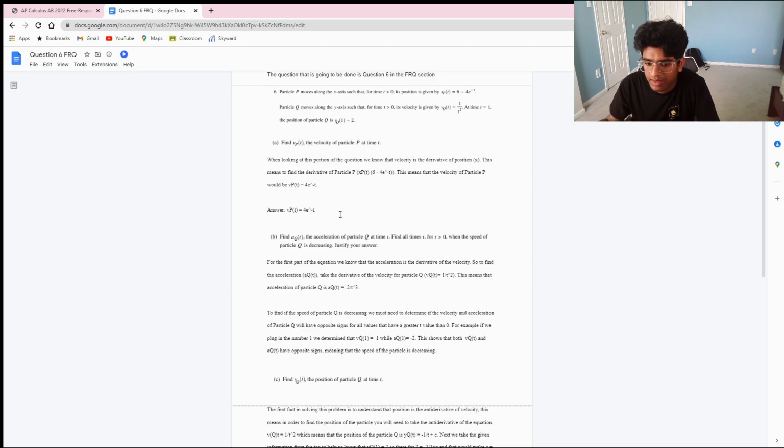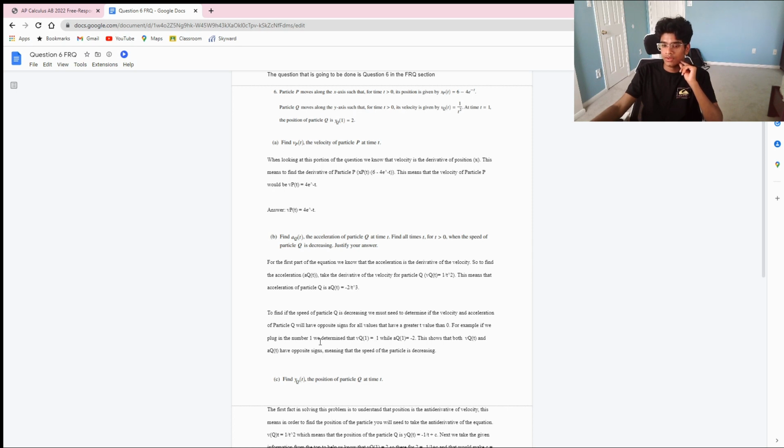When we're finding the speed, we have to see if the velocity and the acceleration have opposite signs, because this would indicate that the speed for particle Q is decreasing, but we have to use a number greater than 0. I decided to use 1 because it's a very simple number. For velocity, if we plug in 1, we end up with 1.